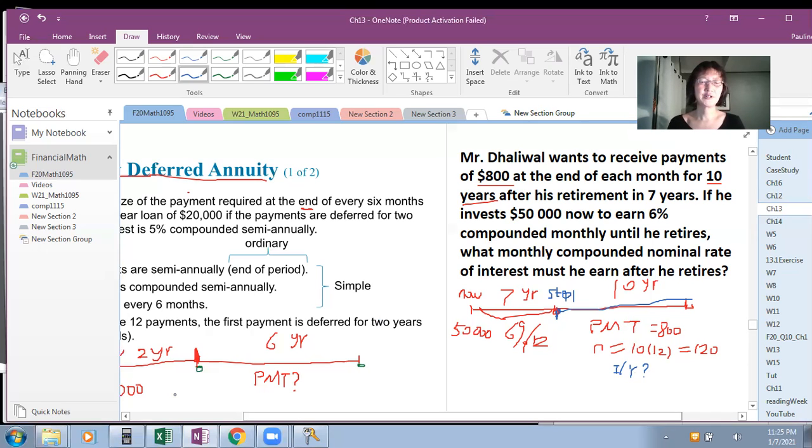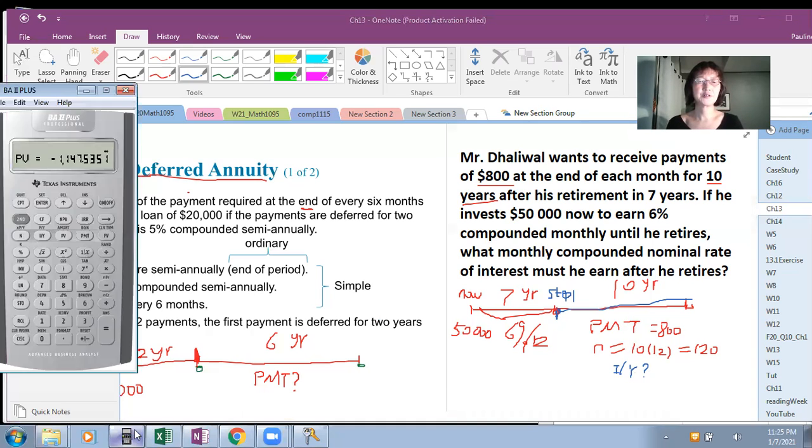So let's use a calculator to do it. Second, quit. Again, this is END mode.